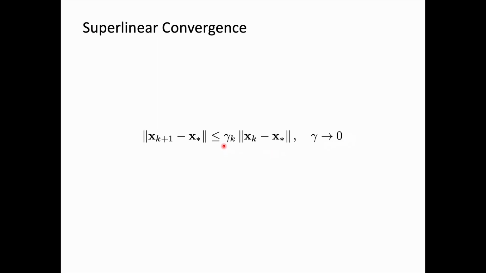And so this means that not only is this expression on the left-hand side always smaller than the one on the right-hand side, the ratio by which it is smaller is getting stricter and stricter as the sequence proceeds. So this is what we call superlinear convergence.